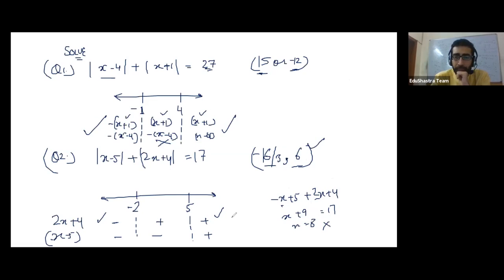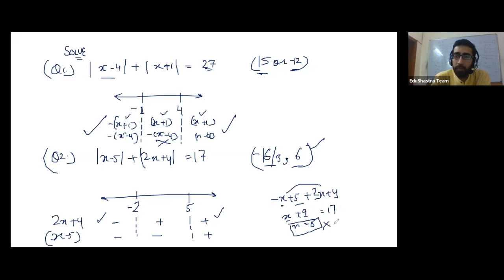There's no solution in the middle because if you solve, you take mod of x minus 5 as minus of x minus 5, which is minus x plus 5. You take mod of 2x plus 4 as 2x plus 4. If you add them up, you get x plus 9 is equal to 17, x equal to 8.